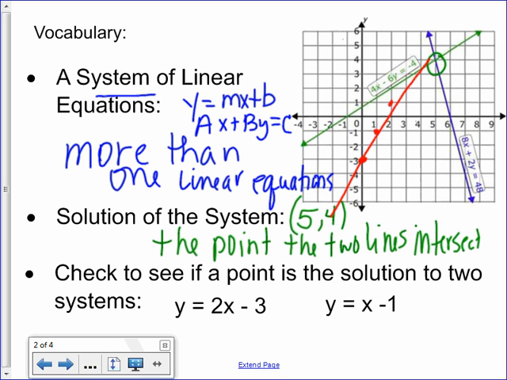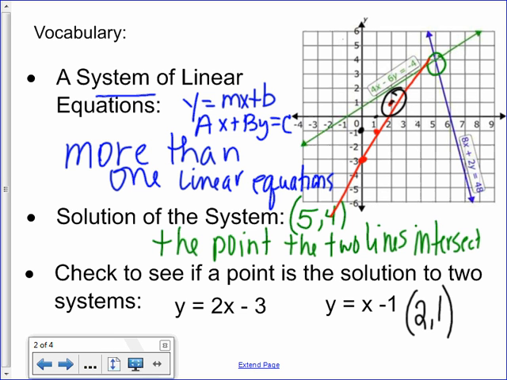Then in black, I'm going to graph the one of y equals x minus 1. So my y-intercept is negative 1, and I'm going to slope 1, up 1, over 1, up 1, over 1. Oh my goodness, they touched at the same point. So do I even need to graph this line? No, I know that is the point they intersect, which is 2, 1, because 2, 1 is on both lines.